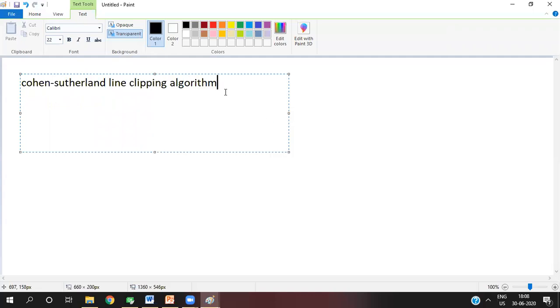This 4-bit binary code is known as the region code, or sometimes it is known as the outcode also. Any name you can give.